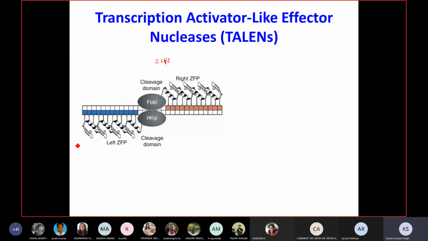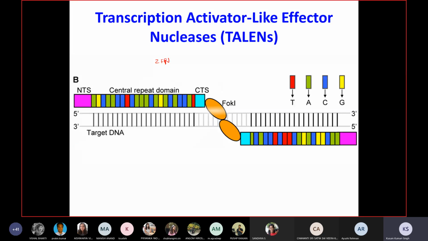So now you can imagine your TAL to be acting similarly, where you are using the complete TAL proteins and binding them with your FokI cleavage enzymes, so that you can target these novel sequences. And whatever sequences are present here, you can make your own kind of repeats.